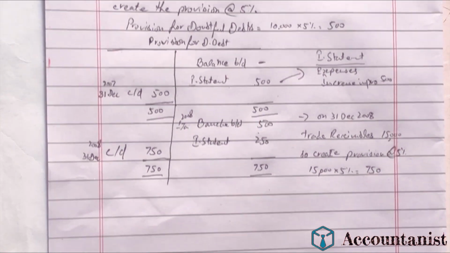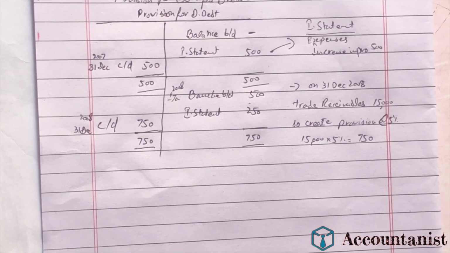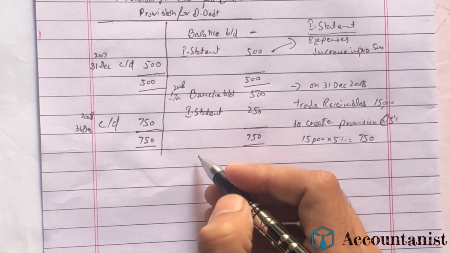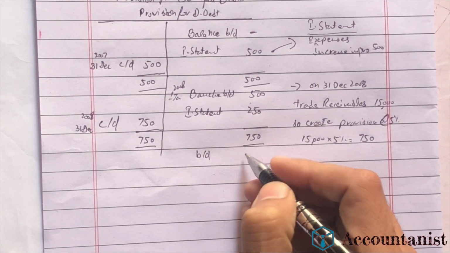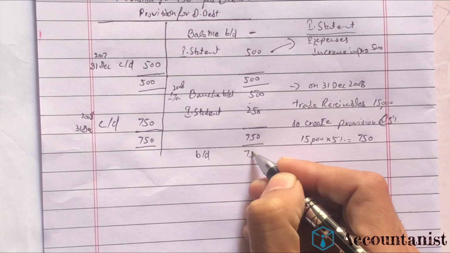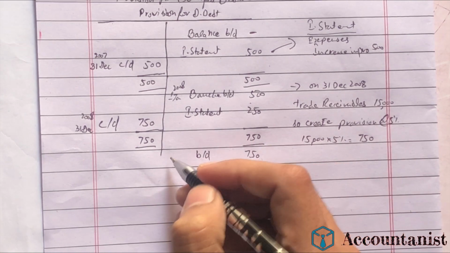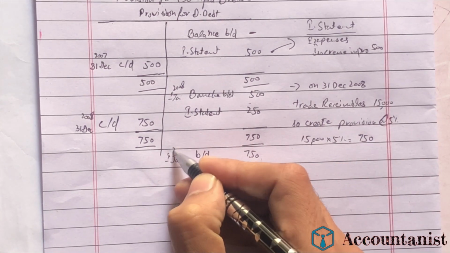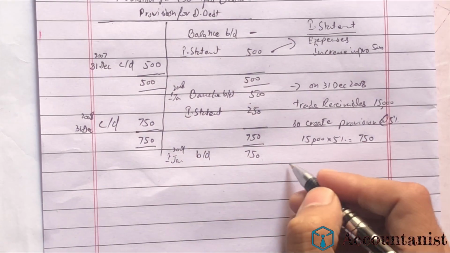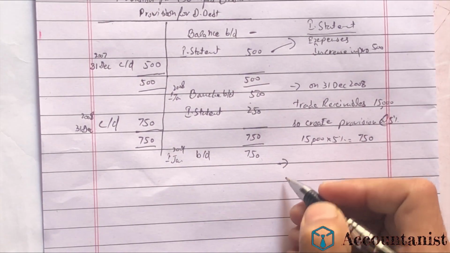So moving on, now I'm going to give you an example of decrease in provision. This balance again will become our balance brought down, 750, on 1st of January 2009. Let's take another example.